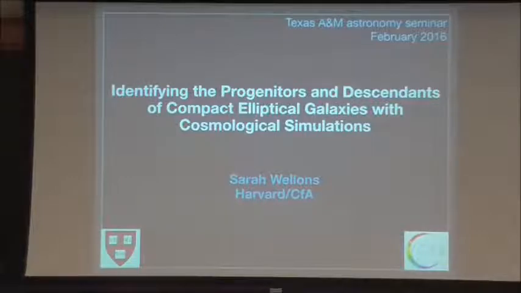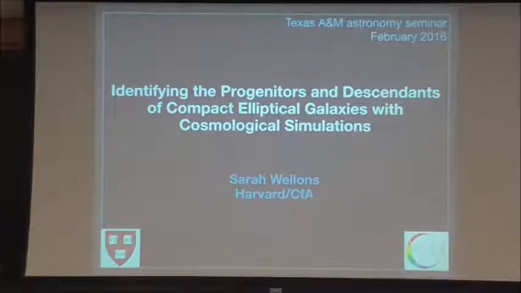So I'm a grad student at the CfA working in Lars Hörnquist's group. Our group has this big cosmological simulation called Elliptical. It's a cosmological hydrodynamical simulation, which means that we have thousands of galaxies forming and evolving in this cosmological context.